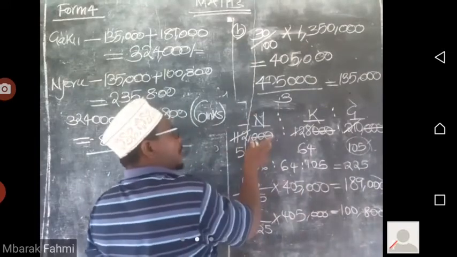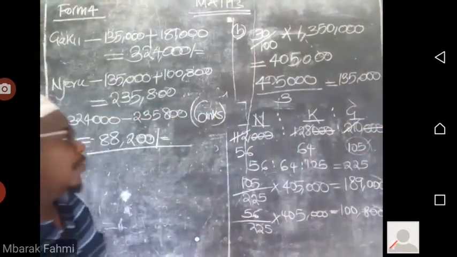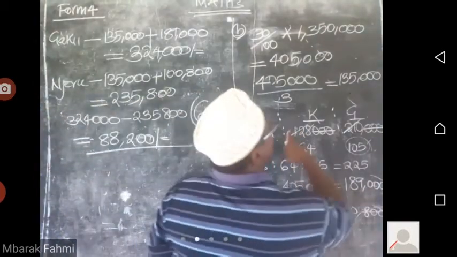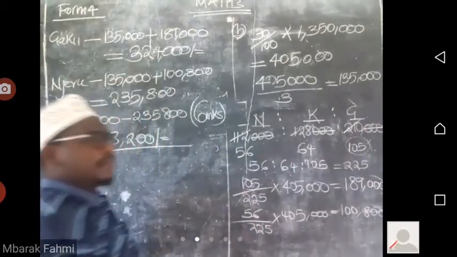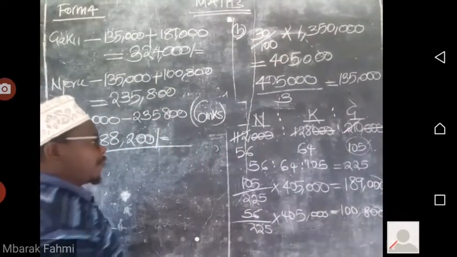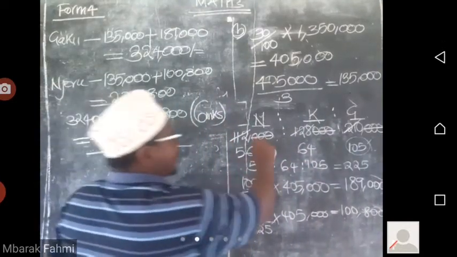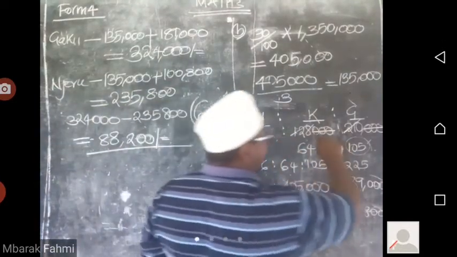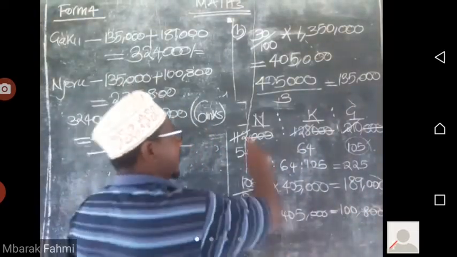Now you put the amounts in terms of ratio: 112 is to 128 is to 210. So from there you simplify by looking for common factors. I have divided here, canceling 3 zeros each, just like dividing by 1,000.